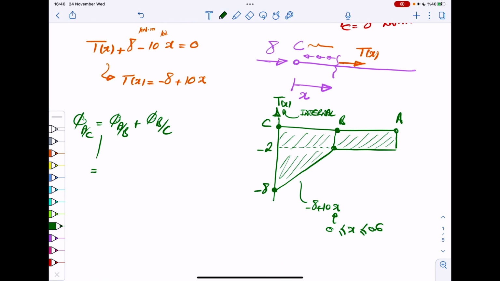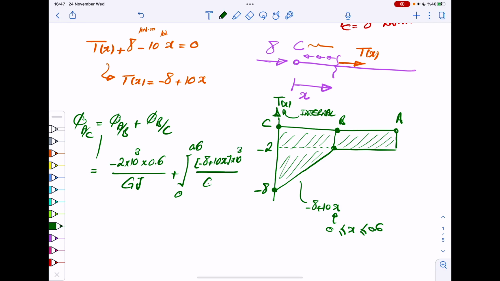For the second one, you just have that constant relation: minus 2 times, again in kilonewtons, 10 to the power 3, divided by GJ, and the length is 0.6, divided by GJ, plus the integral from 0 to 0.6 of minus 8 plus 10x times 10 to the power 3, again this is kilonewton, divided by GJ dx.